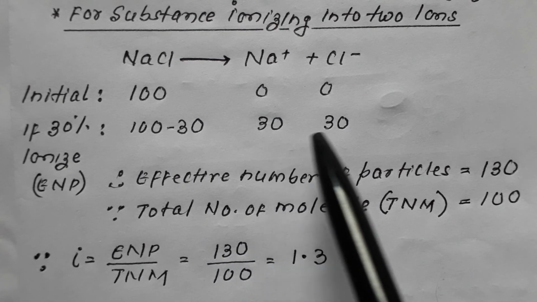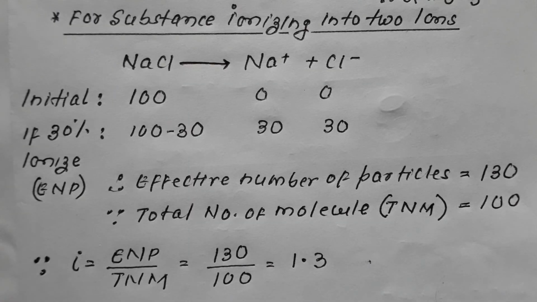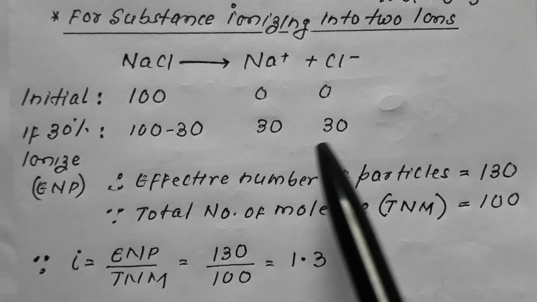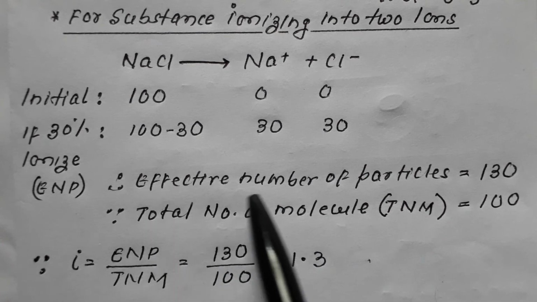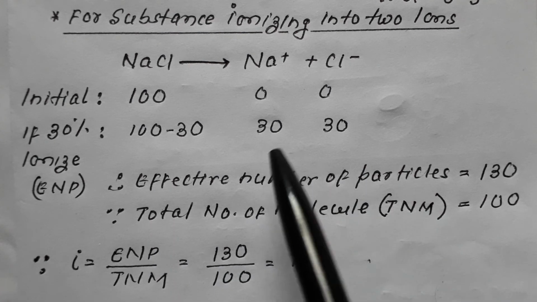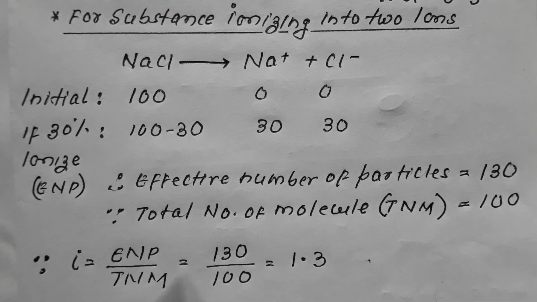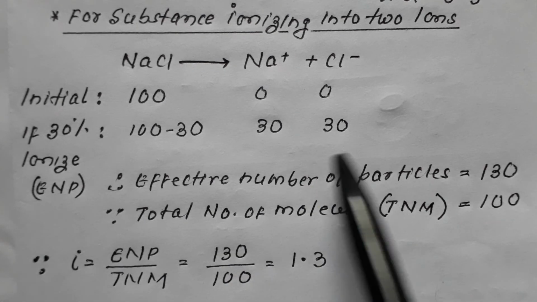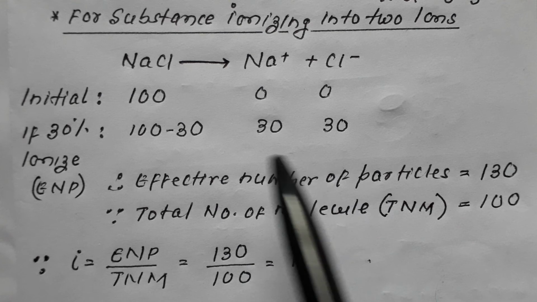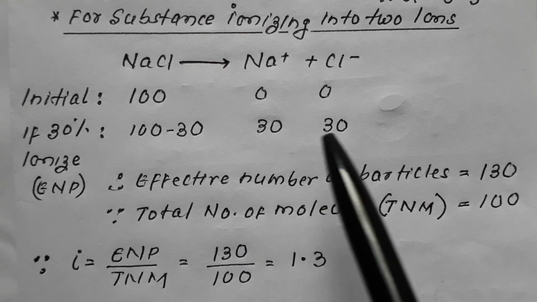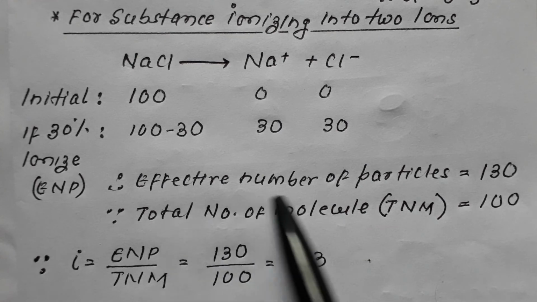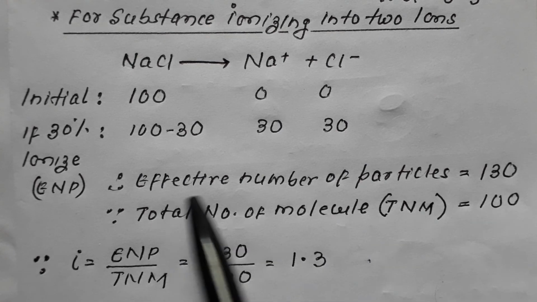Therefore the effective number of particles is 30 plus 30 plus 70, that is 130.